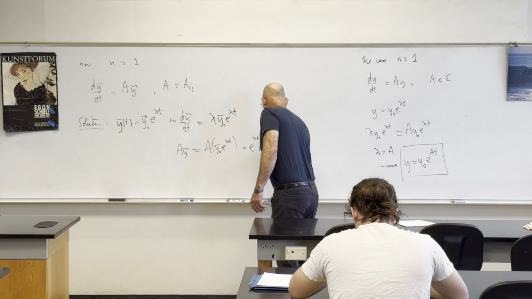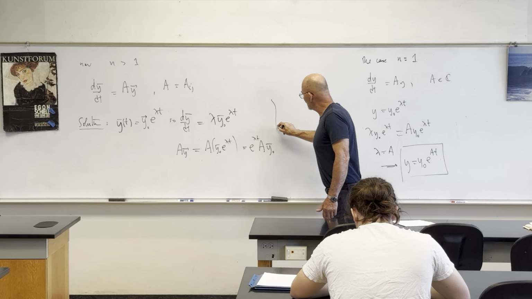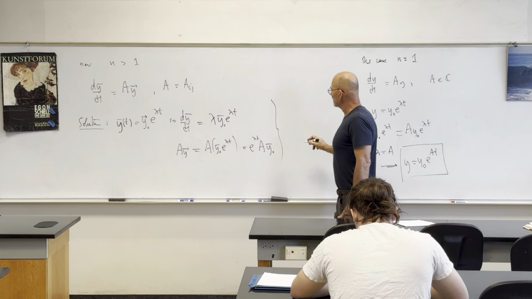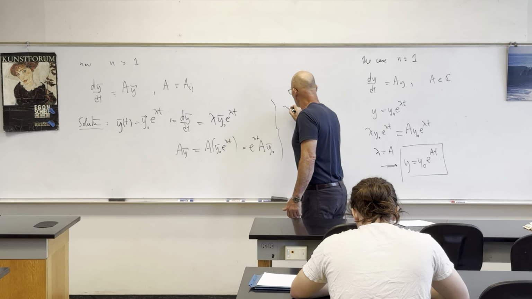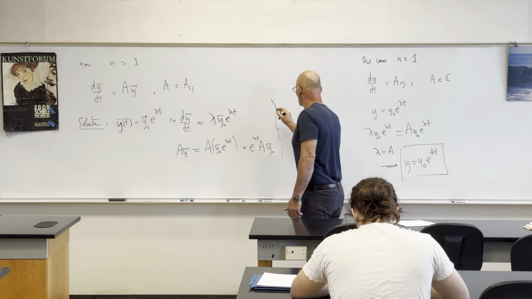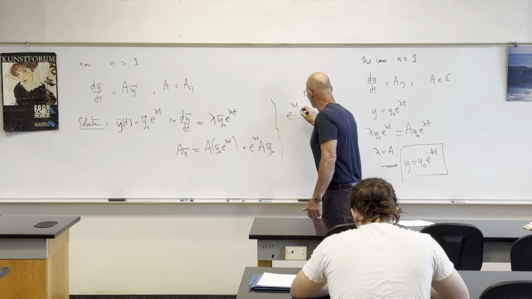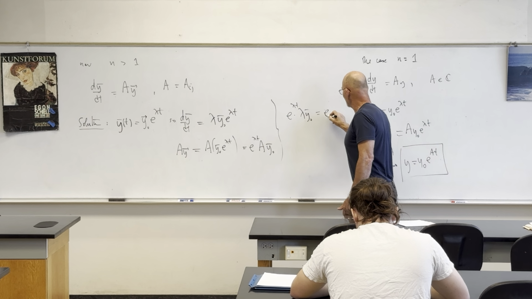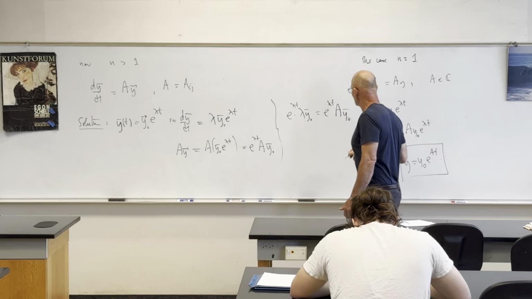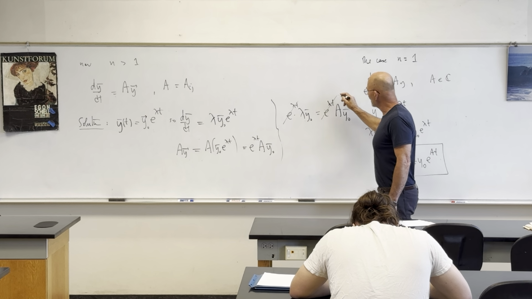A times y0, matrix times vector. So when we equate these two, we have e to the lambda t, and then lambda y0, that vector, equals e to the lambda t, A y0. And what we see from this is that e to the lambda t is just a number, and it cancels on both sides.